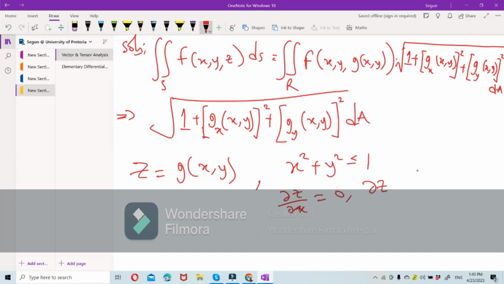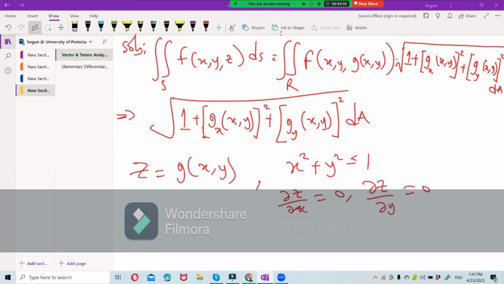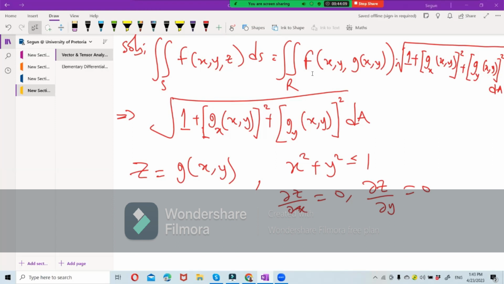And when you differentiate the z with respect to y, it is equal to 0. So it is equal to 0. But that's not the aim.